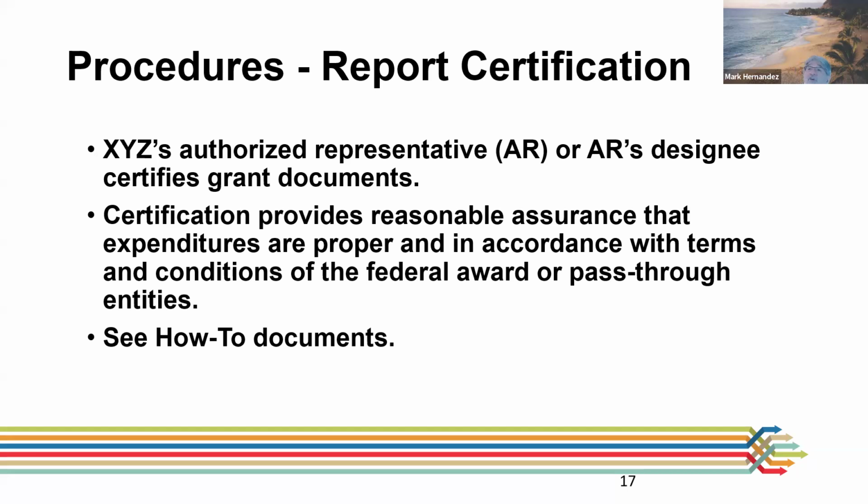A lot of times, like with the OAG and VOCA and others, when you're looking at reimbursement, they may ask you to identify your financial person. That's one of your designees in that situation. And in there, you should state that you comply with everything you've reviewed, your expenditures are proper, and the terms and conditions are okay. So you're certifying that what you have signed is accurate and correct.